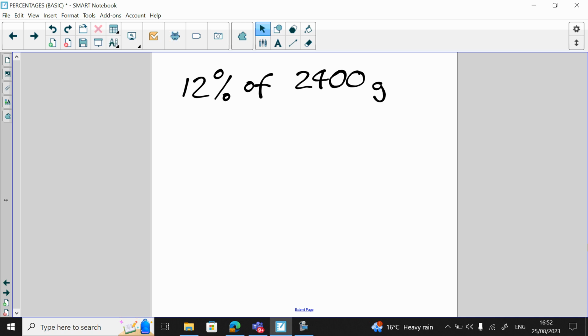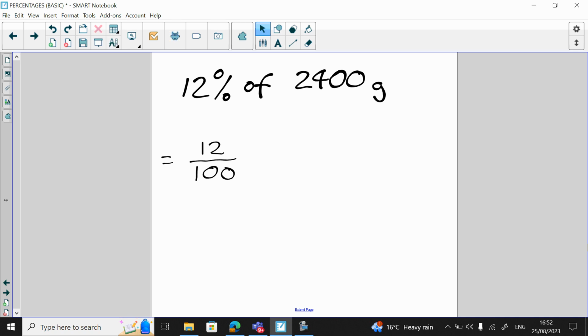Right, let's move on. So here again, 12% of 2,400 G, whatever G is. A lot of people say grams. So if you think it's grams, we'll go for it as grams. So firstly, I'm going to take the 12% and make that into a fraction because that's what it really is.